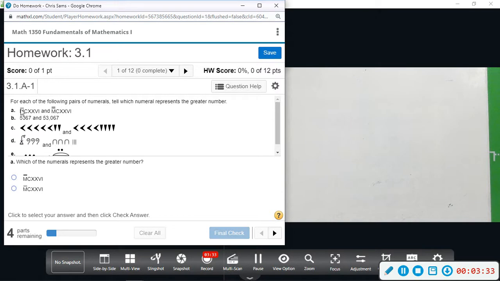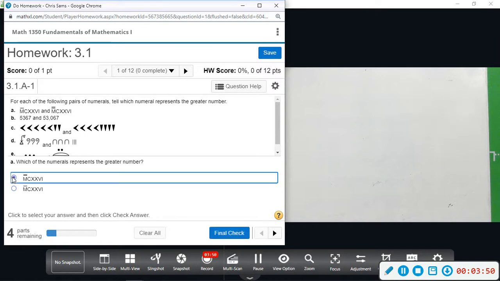So this is 1,000,000 plus whatever else we have here. This one represents 1,000,000 times another 1,000, which is going to give us 1,000,000,000, 9 zeros. So this number is going to be bigger, okay, because of the multiplying by 1,000 twice versus 1,000 once over here.